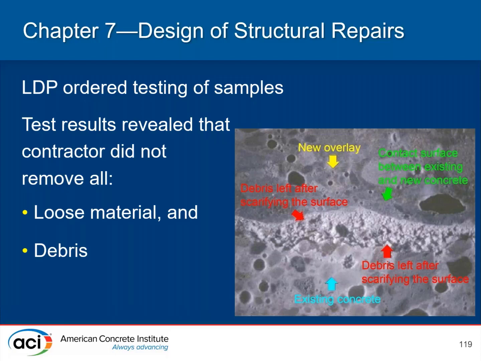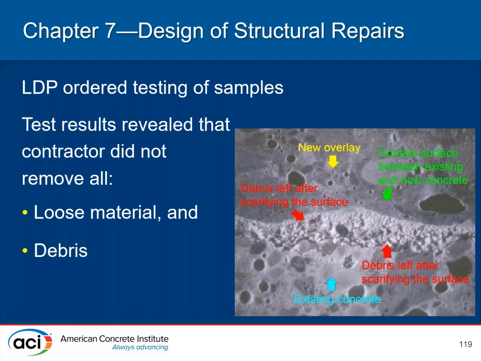The results revealed that the contractor did not remove all of the loose material and debris, and this is an observance of some of the debris left after scarifying the surface. I've also, in projects that I've been involved with, observed situations where excessive moisture has been left on the surface that has created a weak layer in the overlay material directly adjacent to the bond line, which has created low strengths.